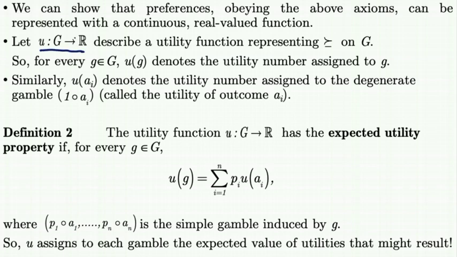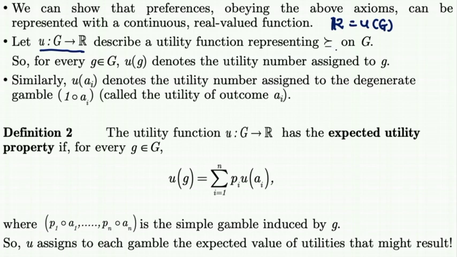Or actually, in a very simple form, this can also be rewritten as a real number being a function of G. Okay, so this real valued function describes a utility function representing what?